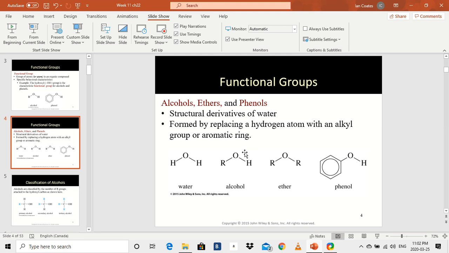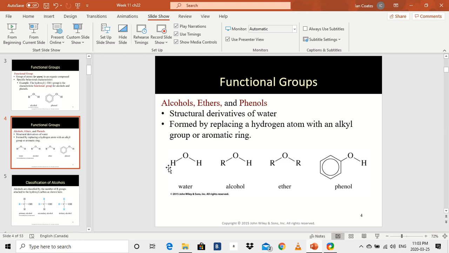When you have one carbon trying to fight against the oxygen for these electrons, oxygen says, forget it, it's mine. But if you have a carbon on this side and a carbon on this side, oxygen is a little bit in trouble. It's still the big boss, but it's in trouble.